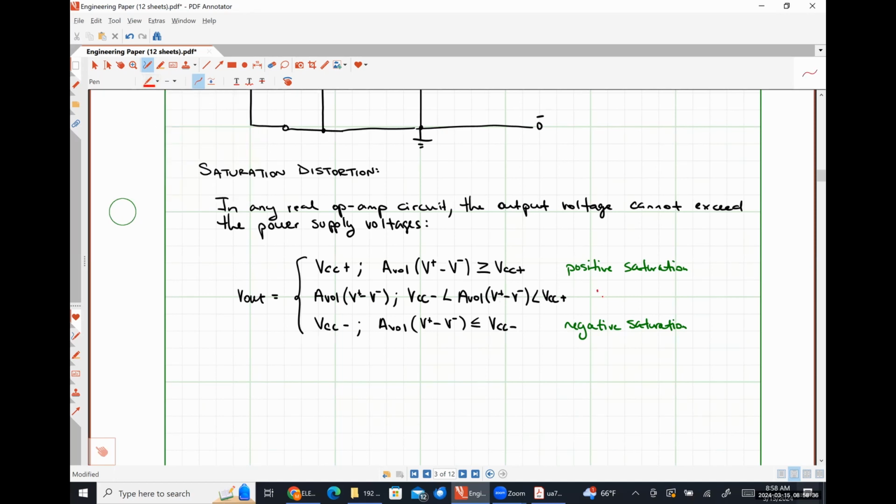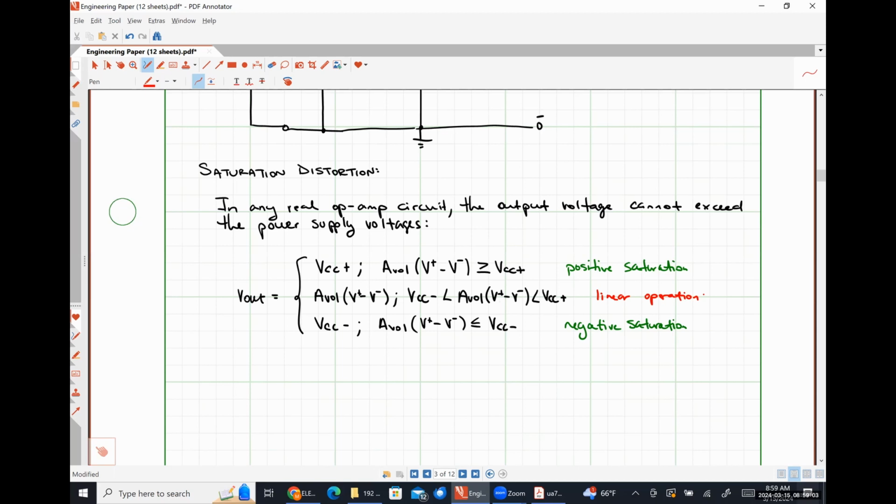And in this very narrow region is where we get linear amplification. So we have linear operation, meaning that our output voltage is a scaled version of our input voltage, which is how we expect the amplifier to actually behave.